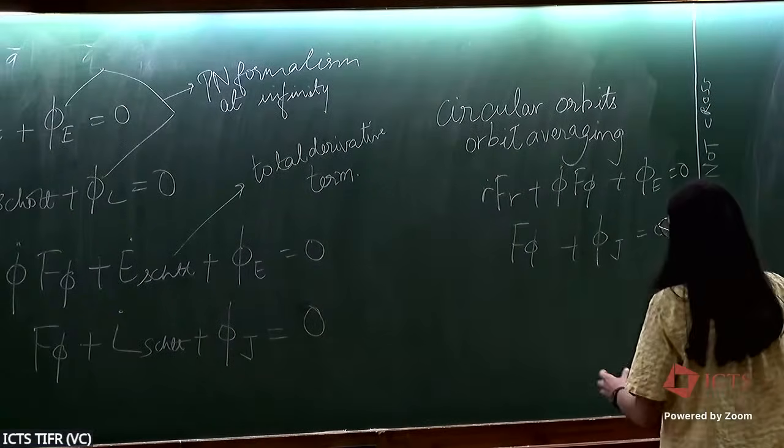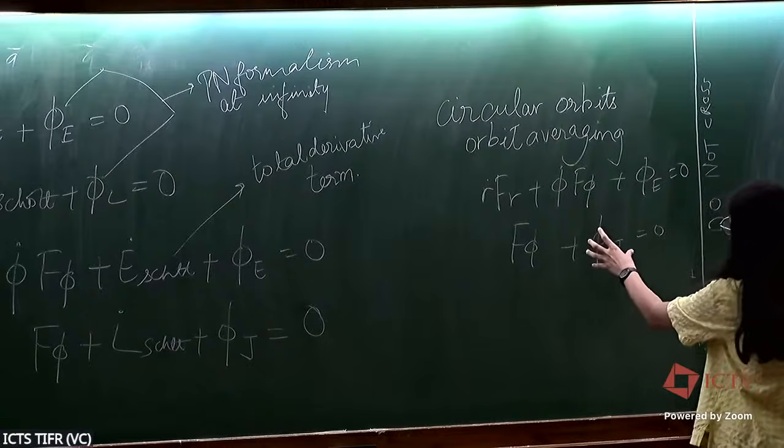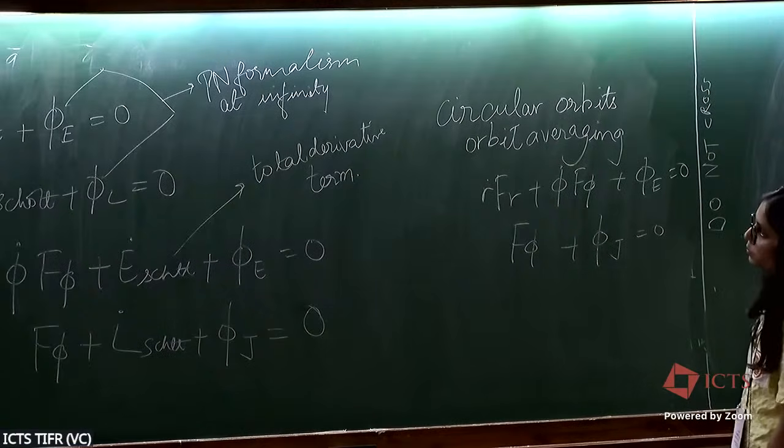So one can now find F_r and F_phi such that we obtain the Phi_E and Phi_J from the PN formalism.